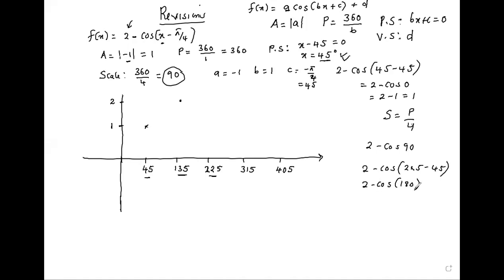Cos 180 is -1, so we'll have 2 minus 1, which is equal to 3. So for cos, if you find 3 different numbers, then you know that the next ones, you just have to repeat. So we'll have this as our sketch.